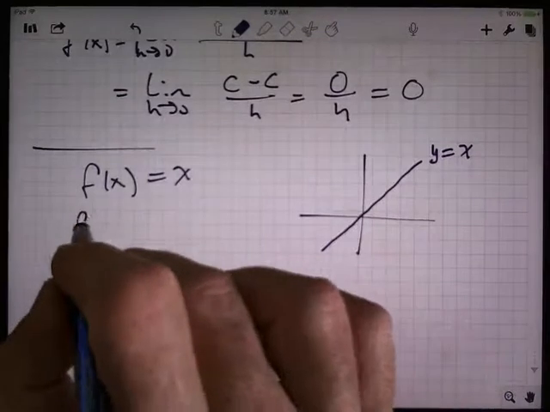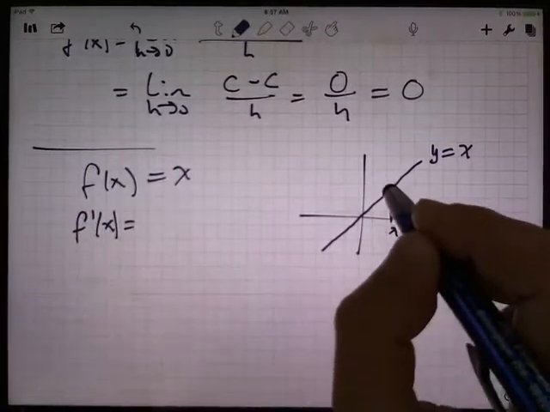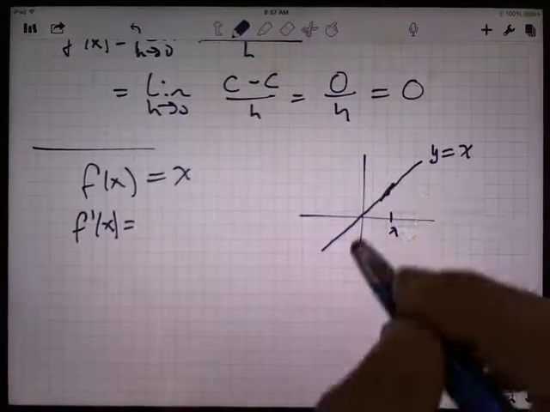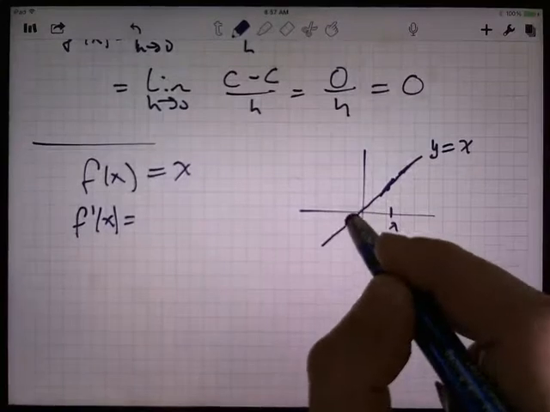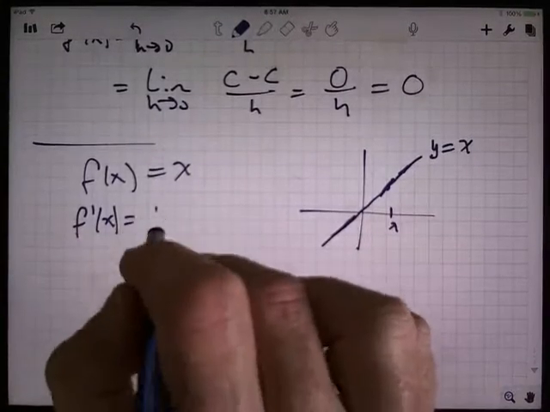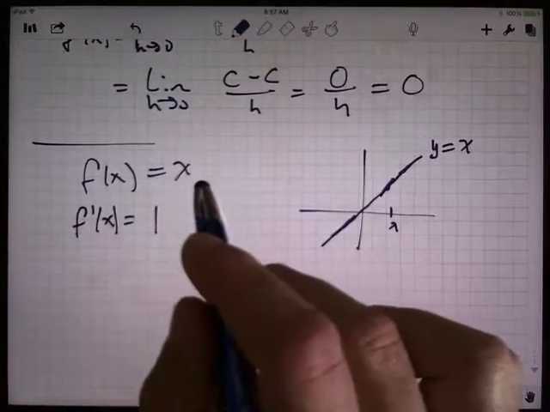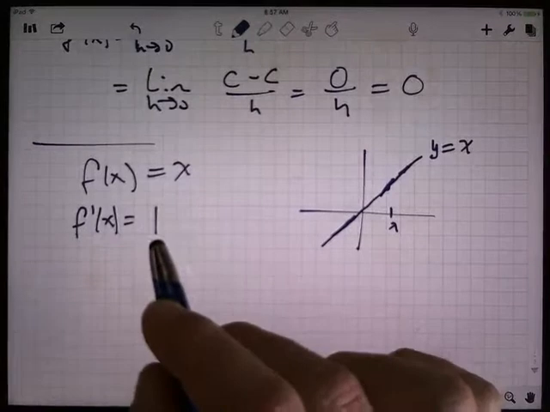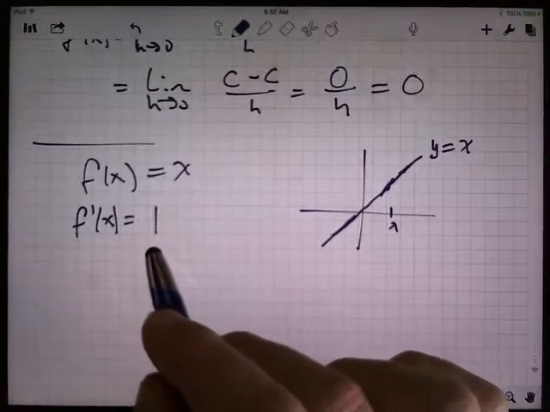When I say what's the derivative, I'm saying for any x value, what's the slope of the curve right there? Well, that curve is a straight line and it has the same slope everywhere. No matter what x you plug in, the slope is equal to 1. So for the function f of x equals x, the derivative function is f prime of x equals 1. The slope is always 1.